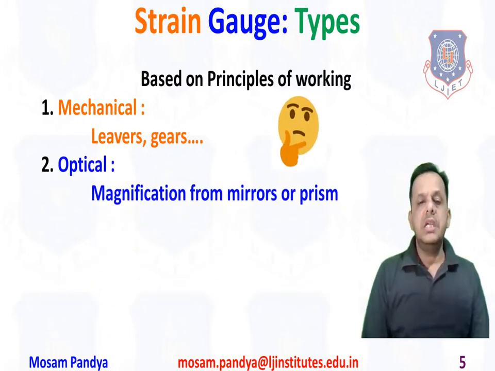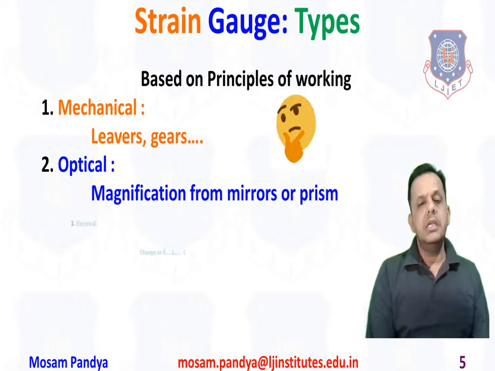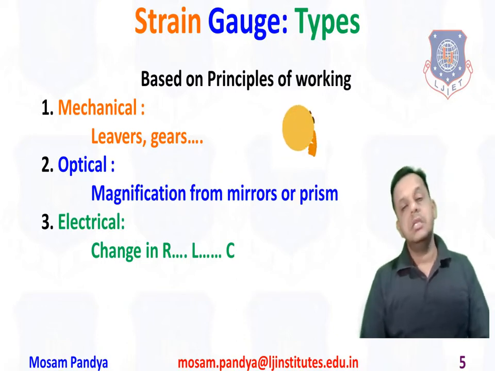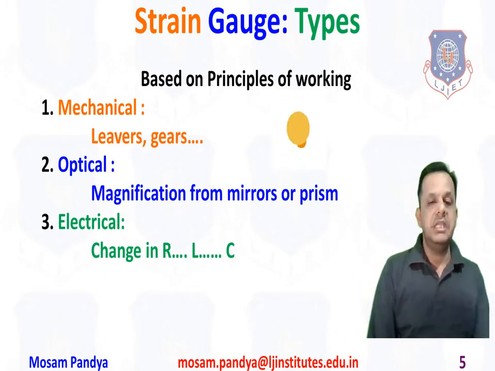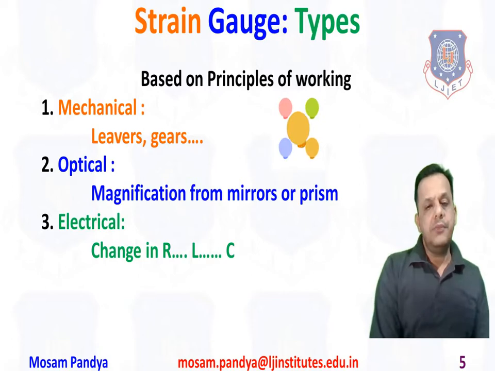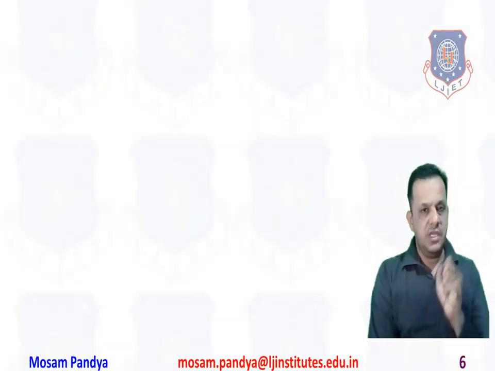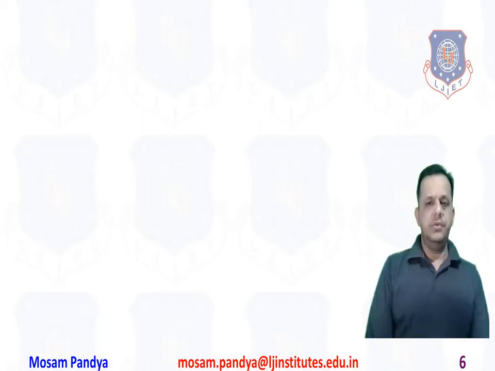Another is optical, where magnification from the mirror or prism you can use, and the third is electrical, where we will be sensing the change in resistance or inductance or capacitance, and ultimately we will calibrate our meters in terms of microstrain. So our focus will be basically on electrical type of strain gauge, where we will go for some resistive kind of strain gauge.